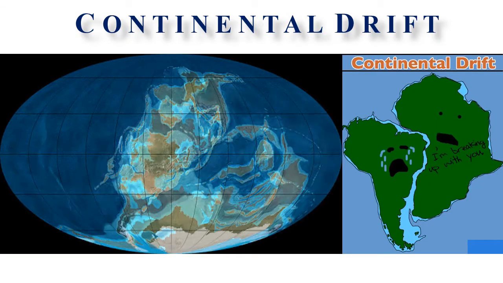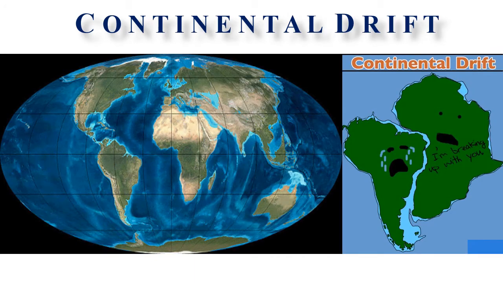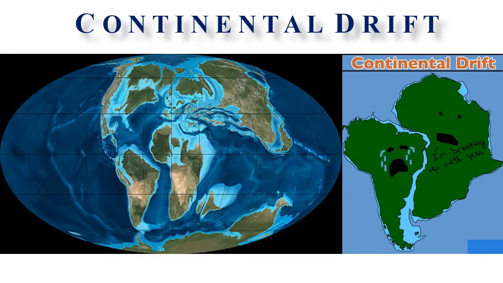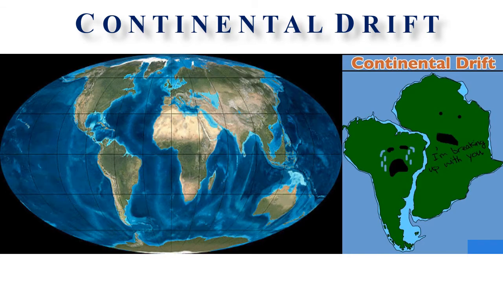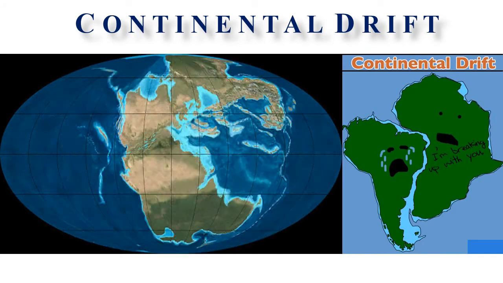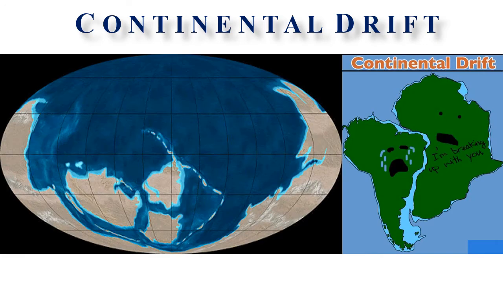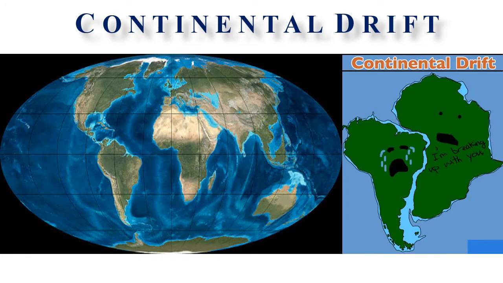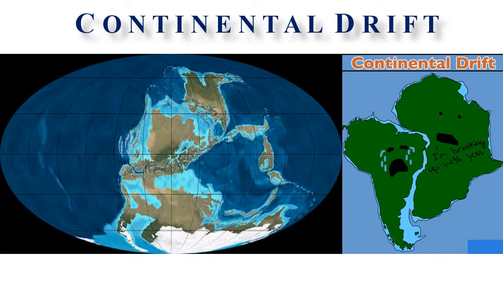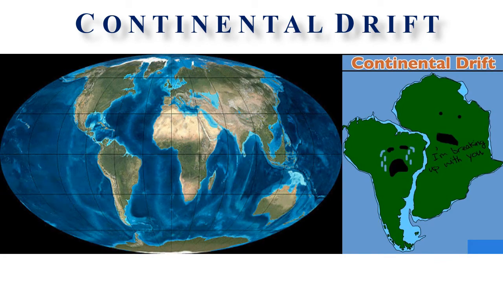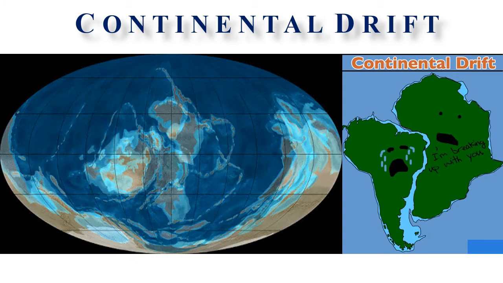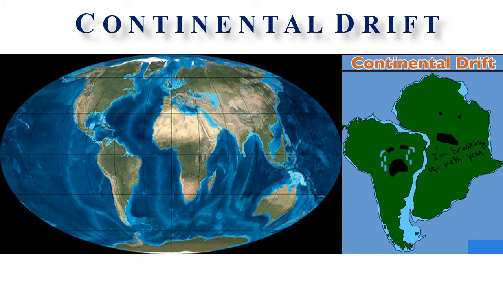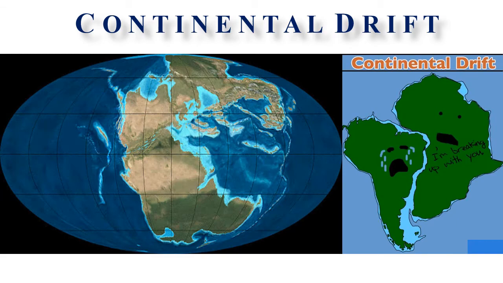The idea that continents, particularly South America and Africa, fit together like pieces of a jigsaw puzzle came about during the 1600s as better world maps became available. However, little significance was given to this notion until 1915, when Alfred Wegener, a German meteorologist and geophysicist, wrote The Origin of Continents and Oceans.